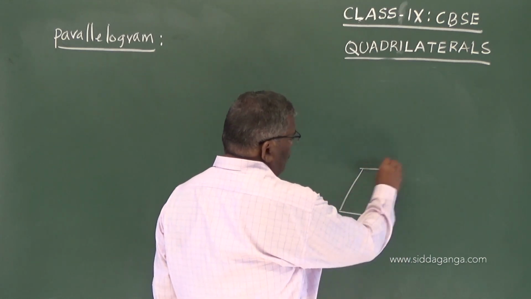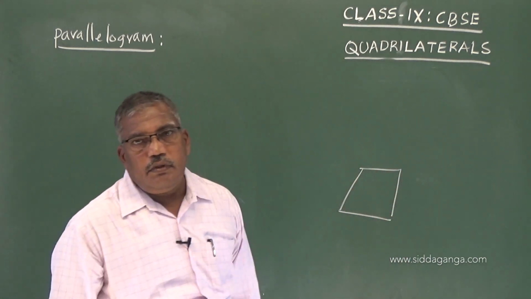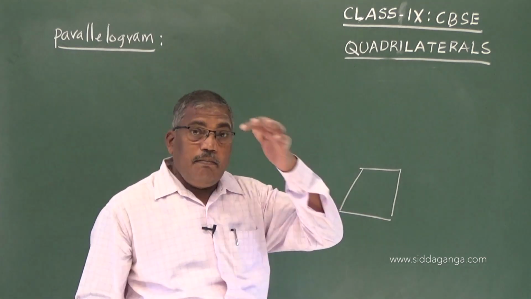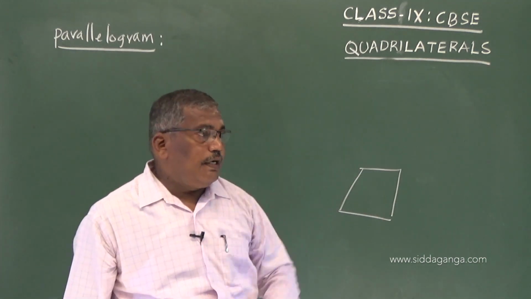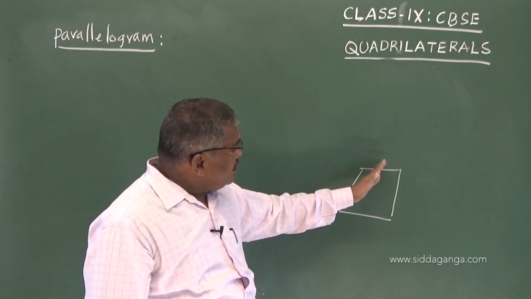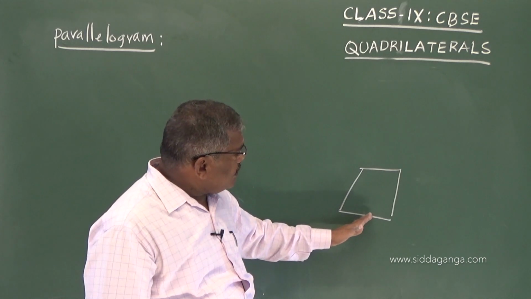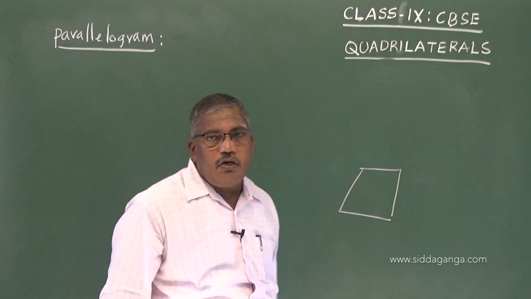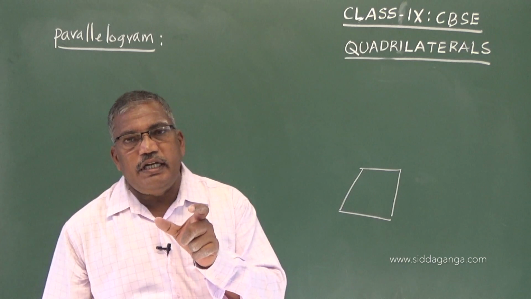Whereas in the parallelogram, see, in any quadrilateral there will be 4 sides. We call it a quadrilateral. And opposite means this side is opposite to this and this side is opposite to this. There are 2 pairs of opposite sides.